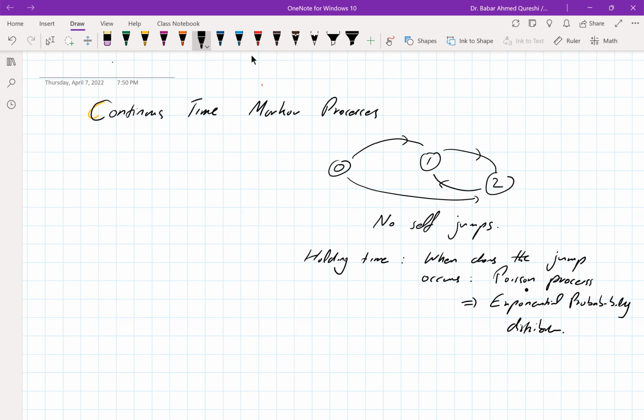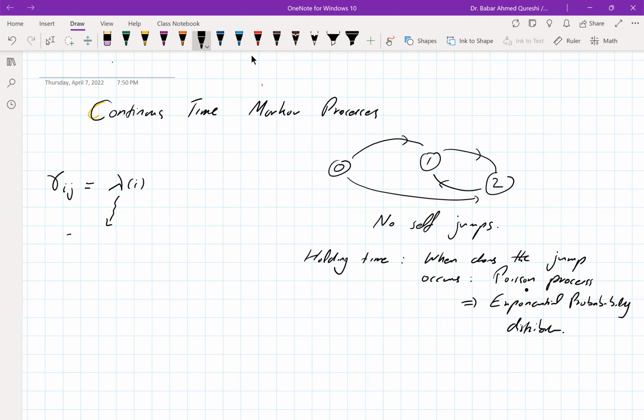And this process itself, you describe using these transition probabilities, which you combine in the transition matrix, which we build up by giving these lambda ij, which is built up of lambda i.